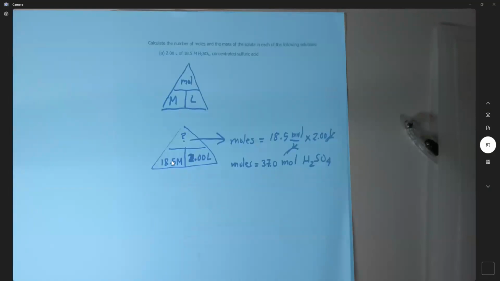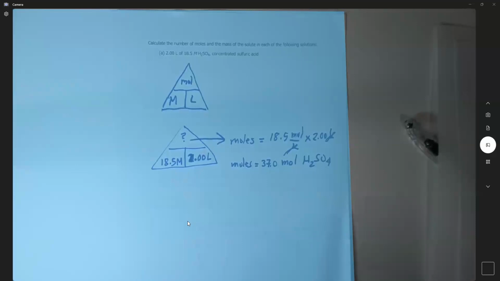In this case, you have to multiply 18.5 molar by 2.00 liters, and you cancel out liter with liter, and when you multiply these two numbers, you get 37.0 moles of sulfuric acid in this case.